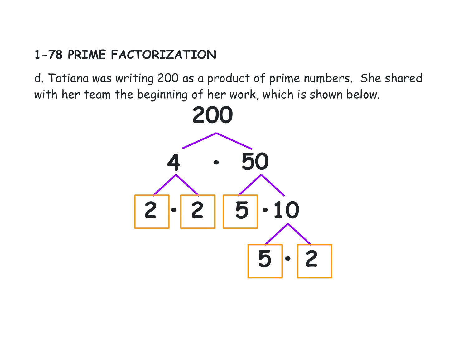And then the number 4, she broke down to 2 times 2, and then she circled it, or she put a square. I usually do circles. And she broke the 50 down into a 5 times 10. Now she put a square around the 5, but not the 10, and she broke the 10 down into a 5 times 2 and put squares around those.